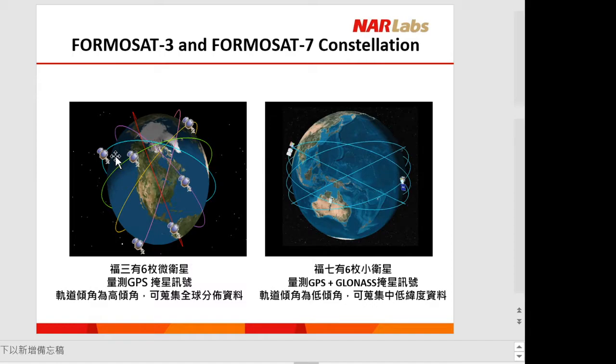It's a small satellite. We also have 6 of them. Formosat-7 is capable of measuring GPS and GLONASS signals. The orbital inclination is 24 degrees, so that it can collect data from middle and low latitudes.